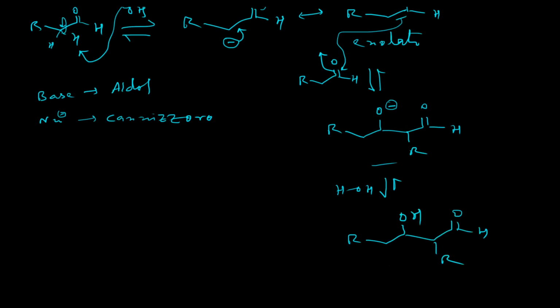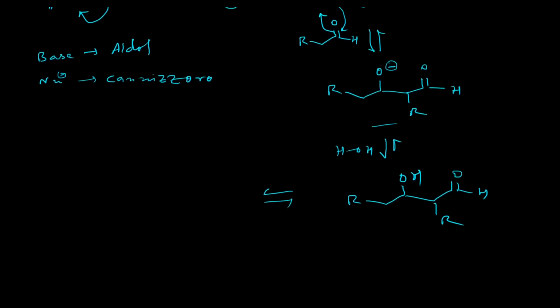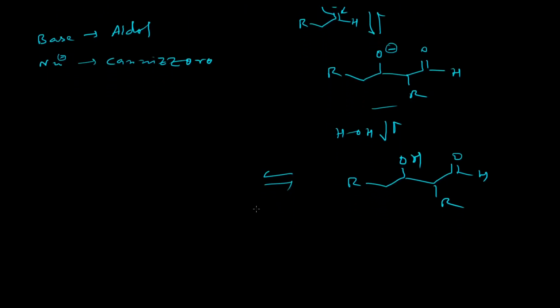So this is the first step, formation of the aldol, and in the second step the elimination will take place. In base catalyzed conditions, the elimination will take place via the E1CB pathway. So what is E1CB? The formation of a carbanion first and then the elimination will take place.